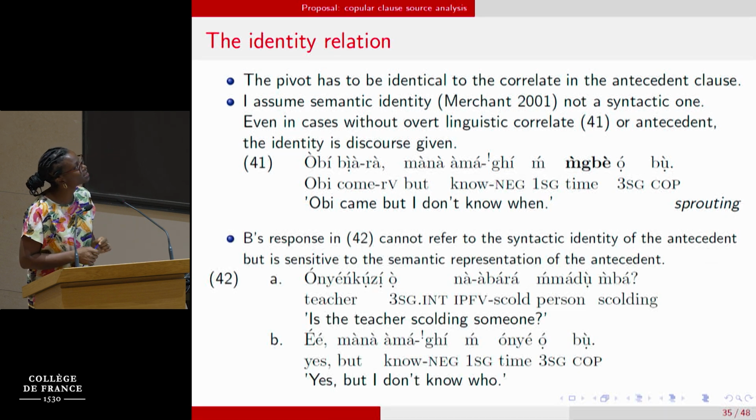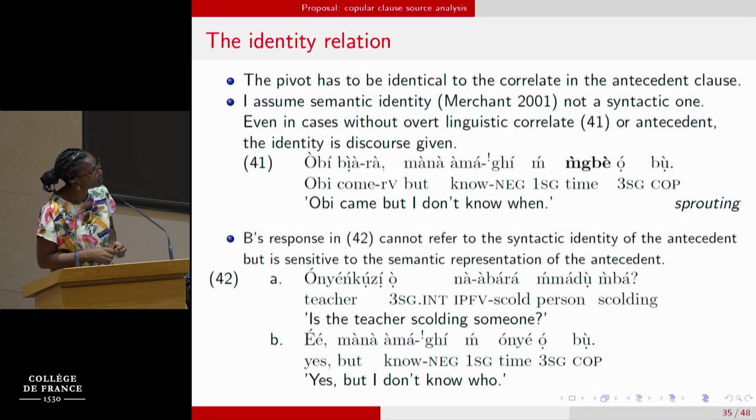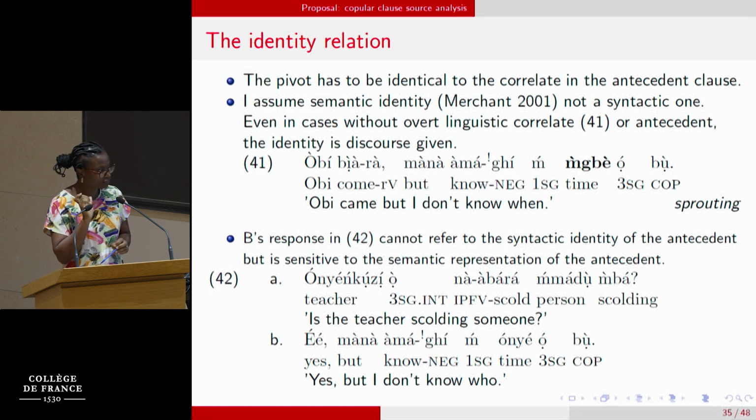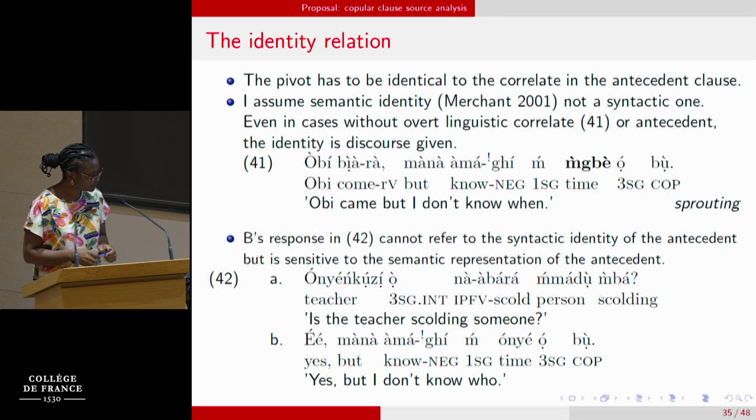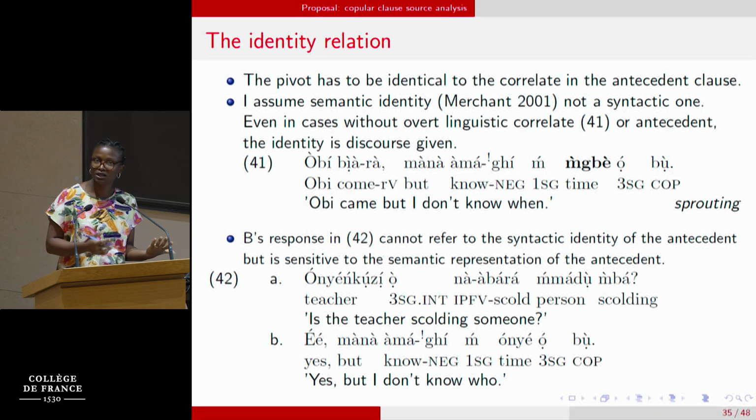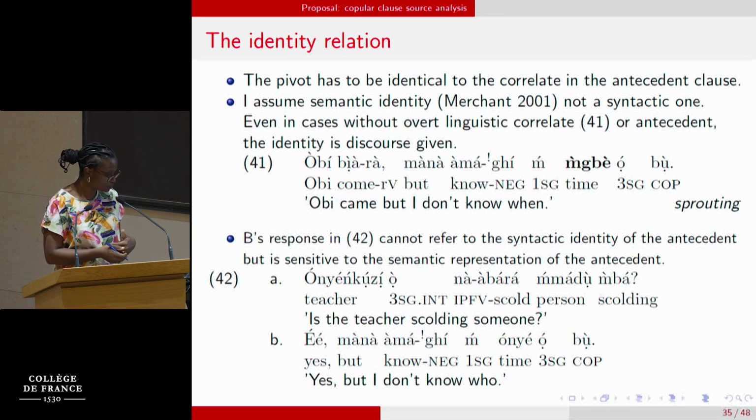Another evidence for the semantic identity comes from the fact that there are also cases of sluicing where the sluice does not really have the same syntactic operation as what we have in the antecedent. So in 42, we have "is the teacher scolding someone," which is clearly a yes-no question.